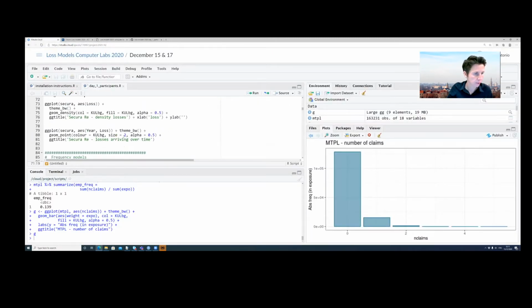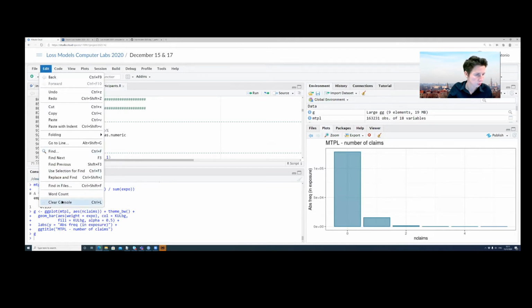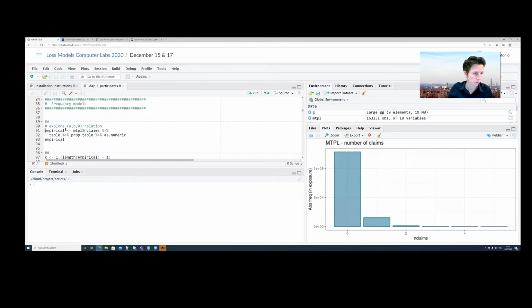If you scroll down in the program we were working with, you will see here an indication that the frequency modeling should start, and you're going to try out the instructions that we have over here. First of all, I look at the number of claims. I create a table.